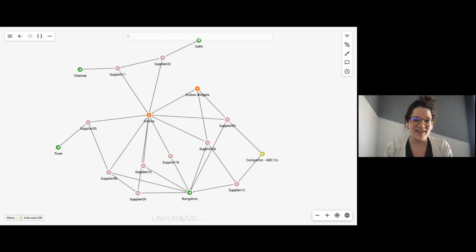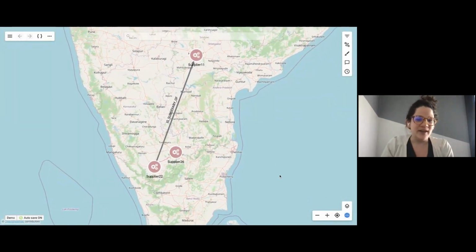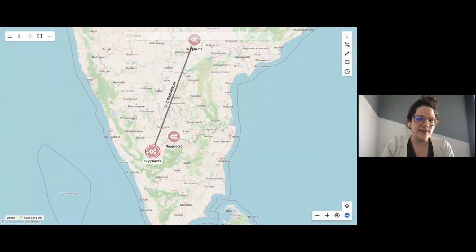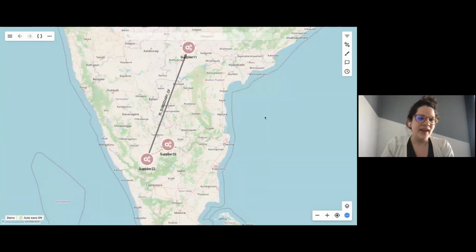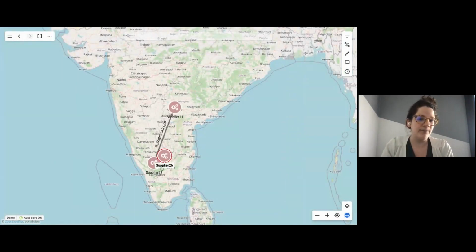geographically affected? What if, let's say, we know that there may be a flood happening and the flood is anticipated for the south of India. I can turn on the geo mode, which will map my nodes with longitude and latitude on an actual map.